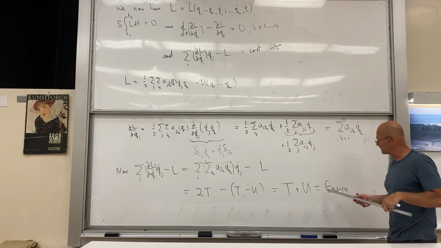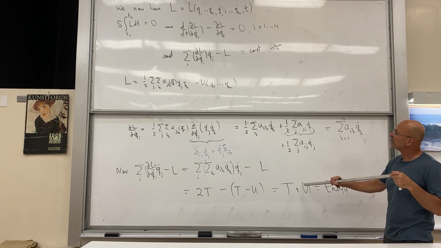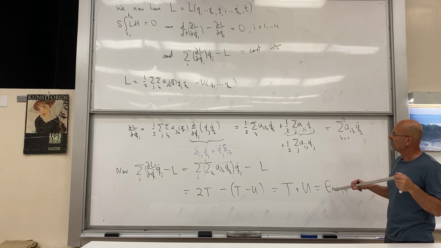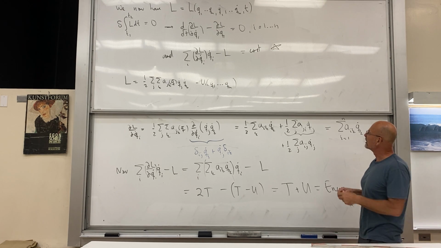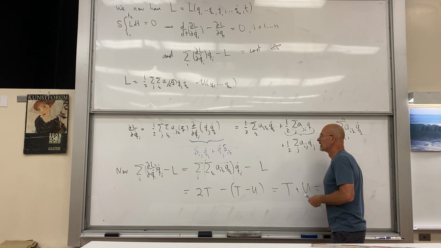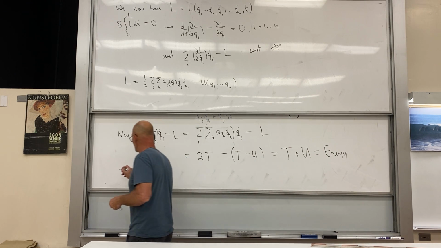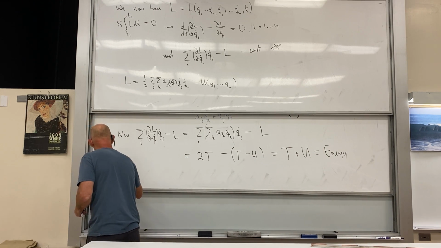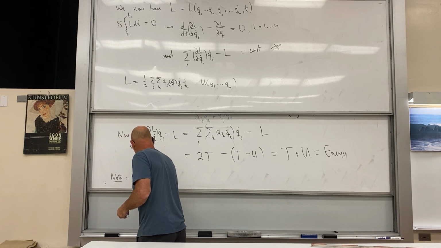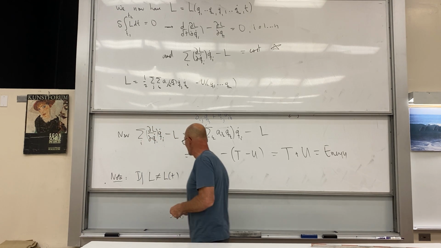In the case of Lagrangian mechanics, that is the energy. But there's an important note I have to finish with. Having done this calculation, it required that L not be explicitly a function of time.